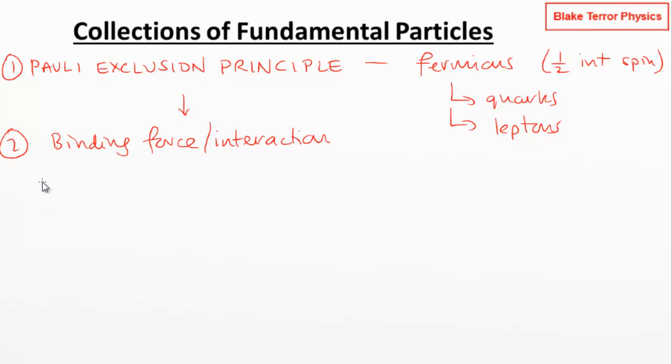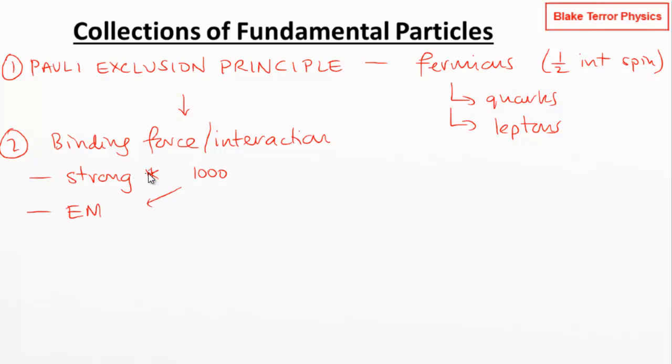Now, we've got two forces that are good candidates for this. We've got the strong nuclear force and we've got the electromagnetic force. So these are the things that can bind stuff. Now, the strong nuclear force is the supercharged one. This is about 1,000 times stronger than the electromagnetic force.